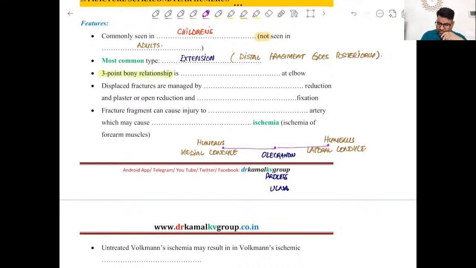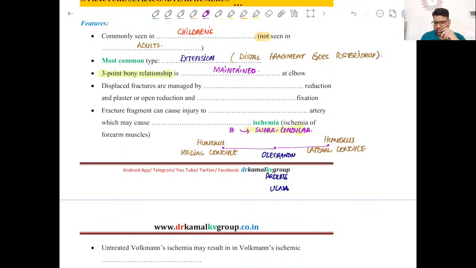Now since here the fracture is occurring somewhere here, because this is the supracondylar region, it means that the bony relationship between these 3 components is not disturbed at all, and therefore we will say the 3-point bony relationship is maintained. Clear? Because the fracture line is not involving either of these 3 bony components.